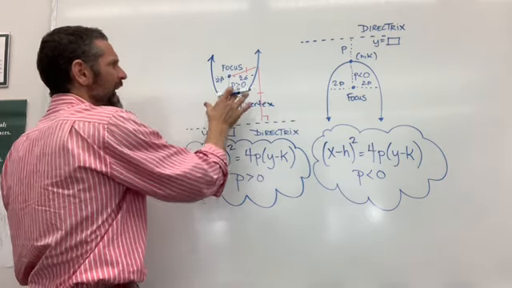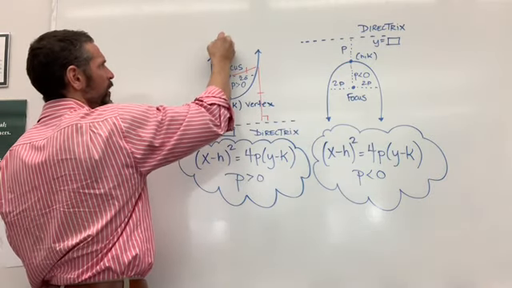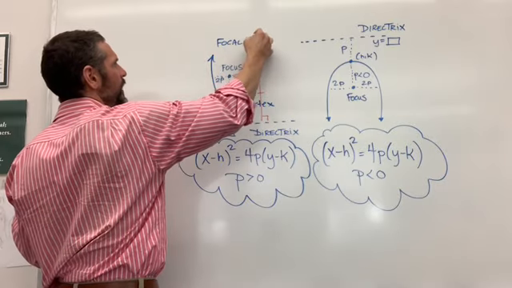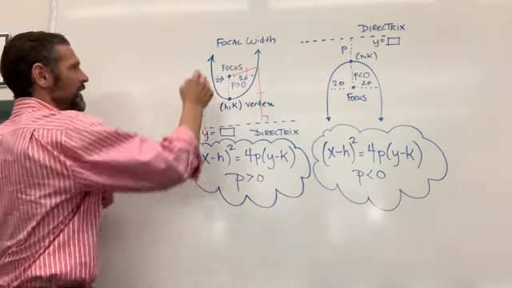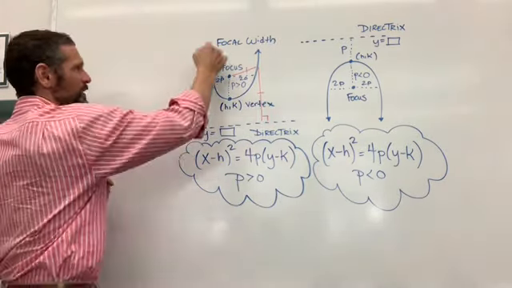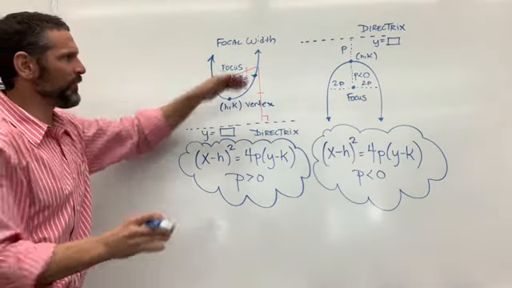So that means at the focus we have something called a focal width, also known as the latus rectum. This focal width tells you how wide your parabola is in one specific spot at the focus.